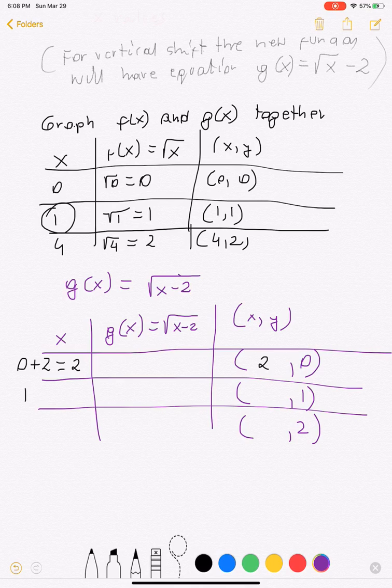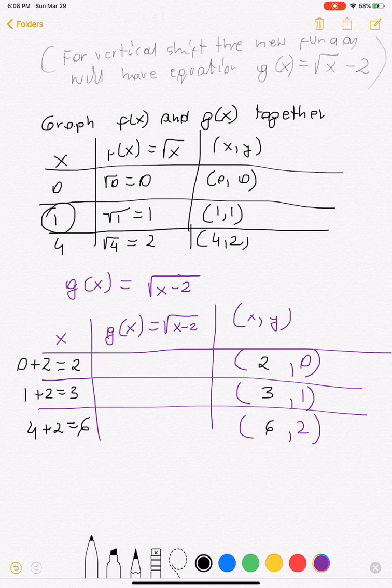Since we have a horizontal shift 2 units to the right, you're going to add 2, and we're getting 3. So the second point has coordinates 3, comma 1. For the third point, take your original x, which was 4. Since we're pushing the graph 2 units to the right, add 2, and we're going to have 6. So the next point will be 6, comma 2.